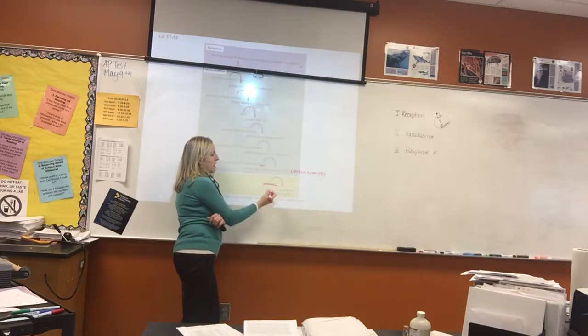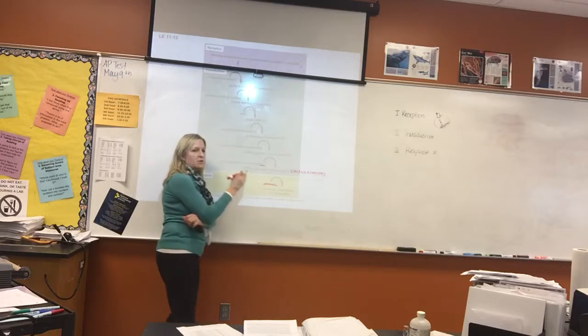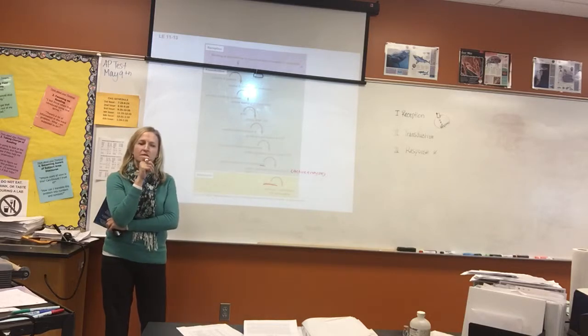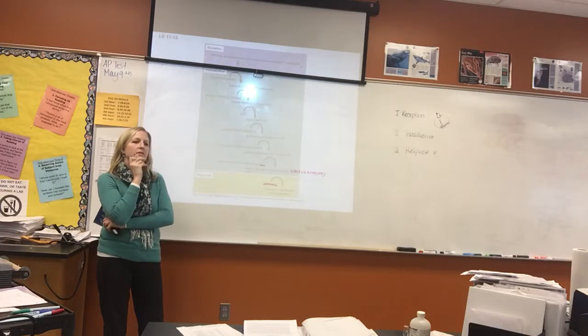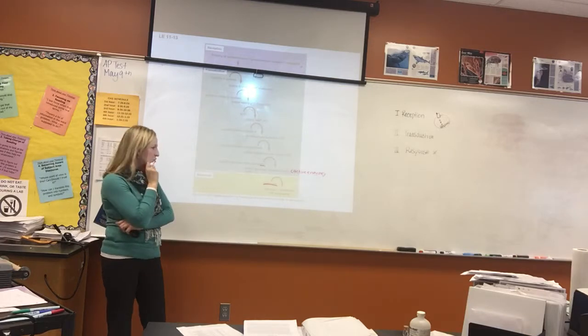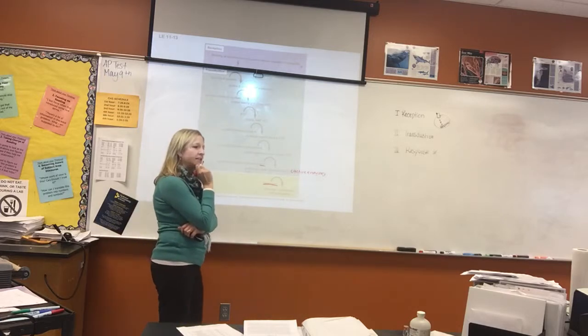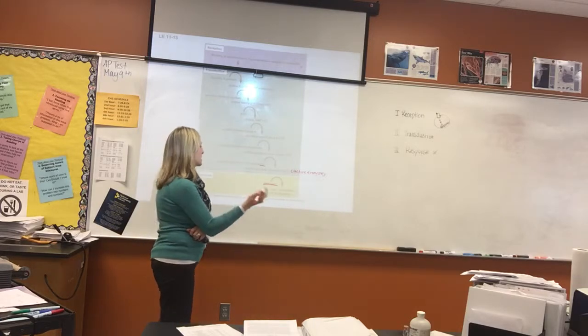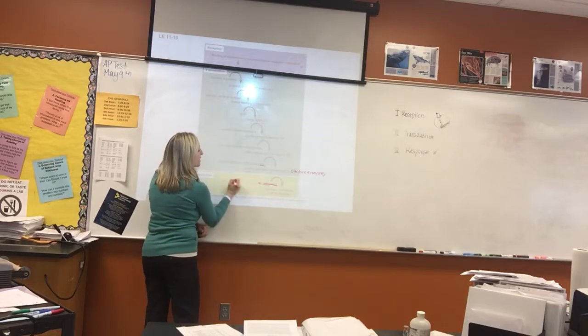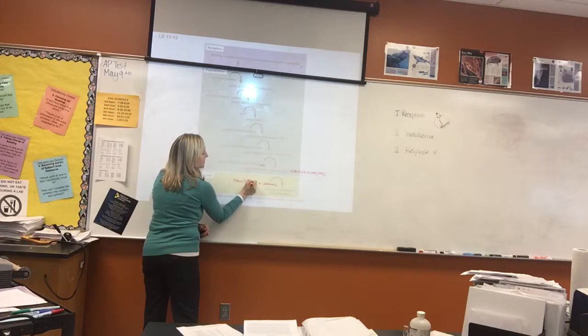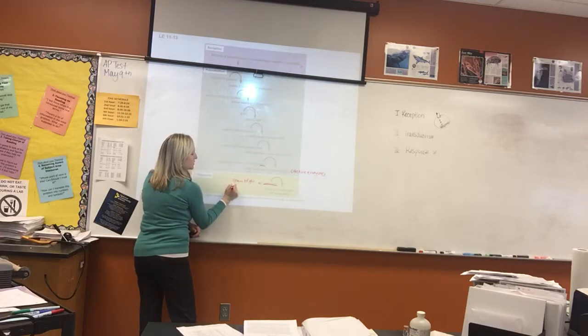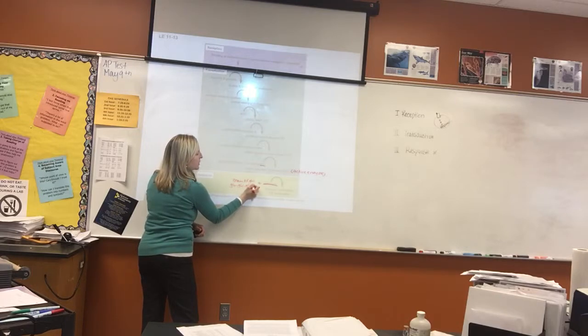Let's look at glycogen. What do we know about glycogen? We learned about this. It's a storage of sugar. And what is it really? It's a polysaccharide. It's a chain of sugar molecules. So this right here is a chain of glucose. So it's glucose hooked to another glucose, hooked to another glucose, and so on.